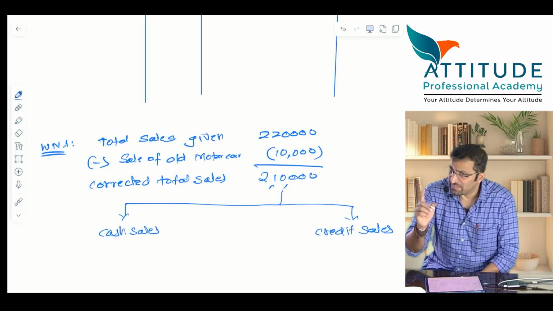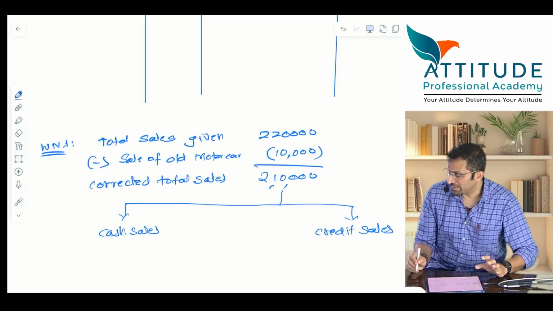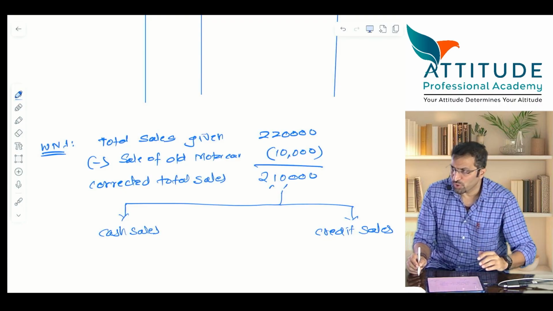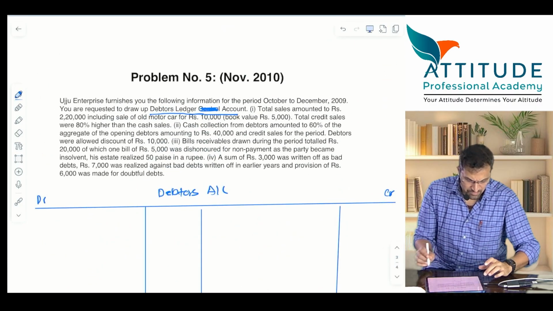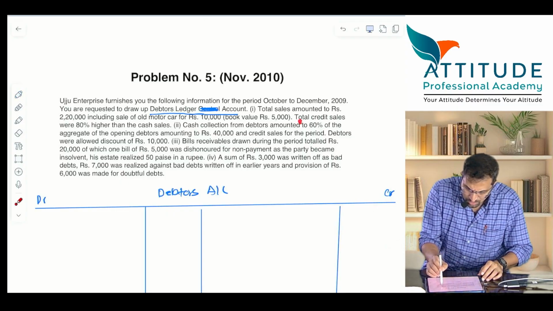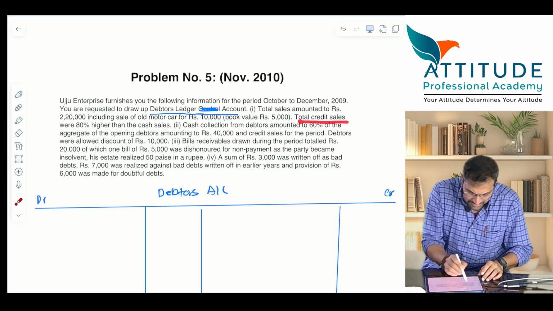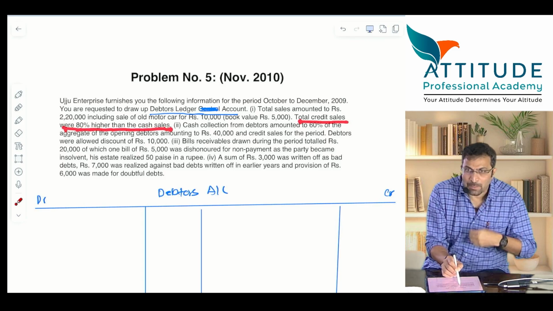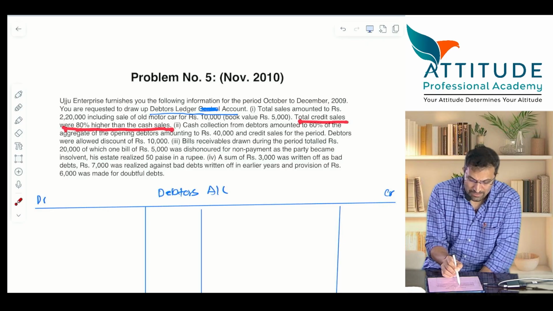Now I will not give the answer. You have to give the answer to me. If only I give the answer, then where are you going to use your own brains? Okay. Now come back to this. Please tell me. The total credit sales were 80% higher than the cash sales. Punch word. Now you bifurcate.